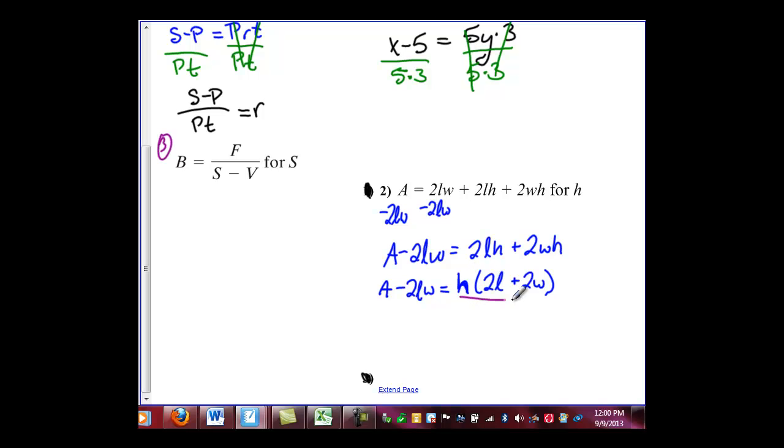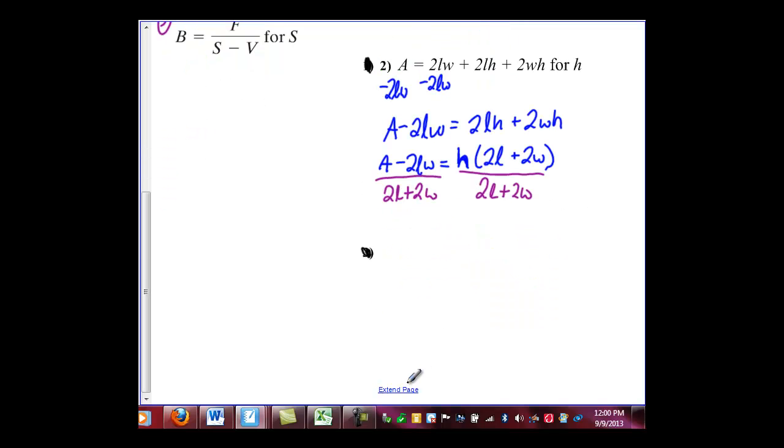Yeah, divide by the parentheses stuff. So we're going to divide both sides by that 2L plus 2W. So we end up with A minus 2LW over 2L plus 2W equals H.